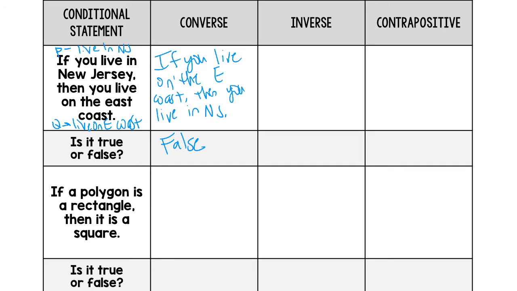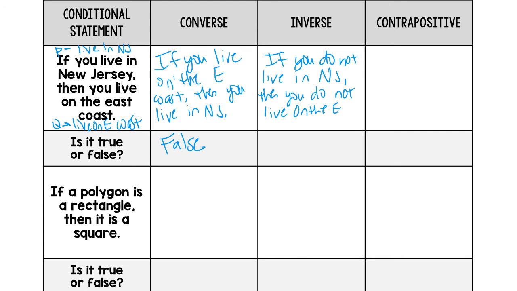The inverse is going to be if not P, then not Q. So if you do not live in New Jersey, then you do not live on the East Coast. True or false? That is false. Like we just said, there are lots more places on the East Coast that are not New Jersey.